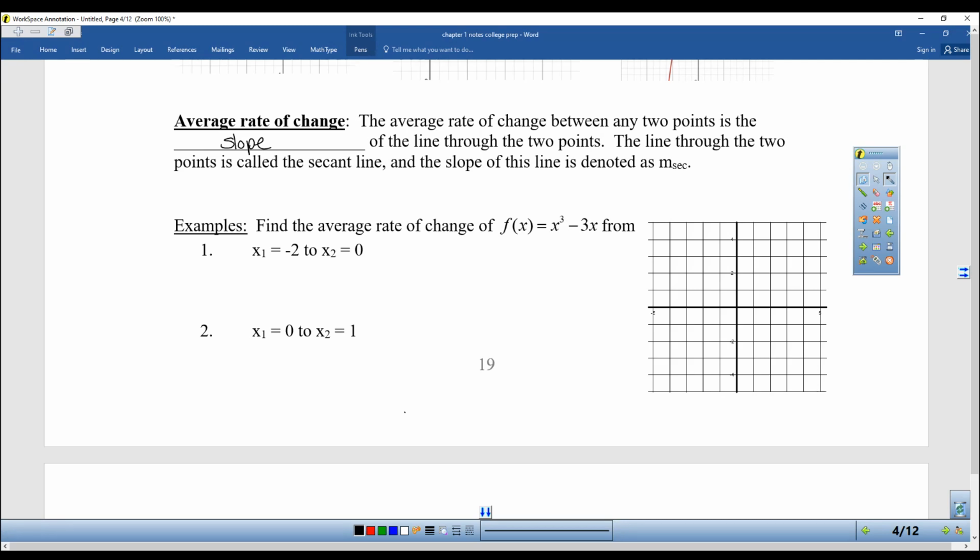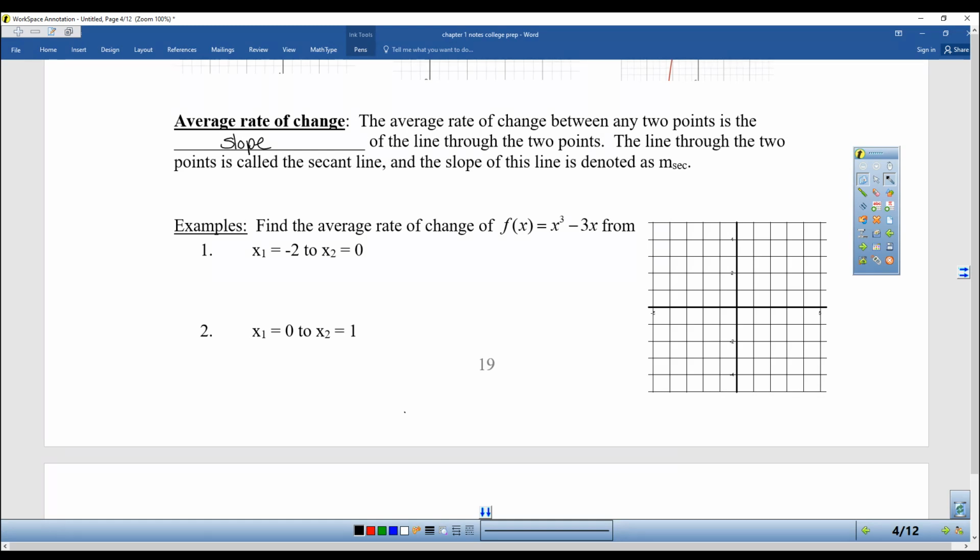So this is going to be really easy, and yet so many kids get it wrong because they just don't learn the new vocabulary. A lot of precalculus is algebra 2 all over again, harder, newer, taking it to a new level. So they're going to be calling slope average rate of change, but it's still just slope.